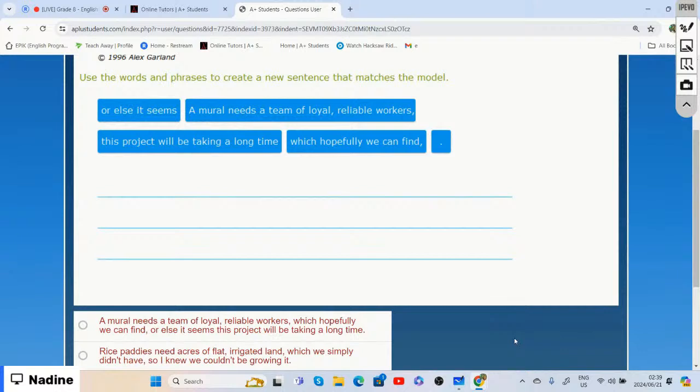So I knew we couldn't be growing it. Which option is correct? Is it option one, a mural needs a team of loyal, reliable workers, which hopefully we can find, or else it seems this project will be taking a long time, period? Option one or option two?